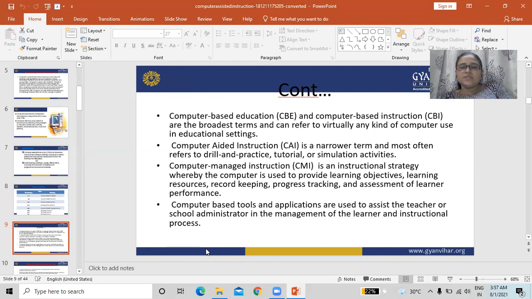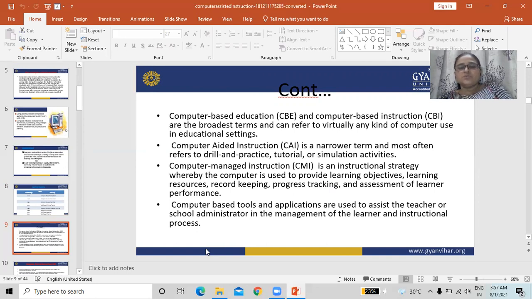Computer managed instruction is an instructional strategy whereby the computer is used to provide learning objectives, learning resources, record keeping, progress tracking, and assessment of learner performances.